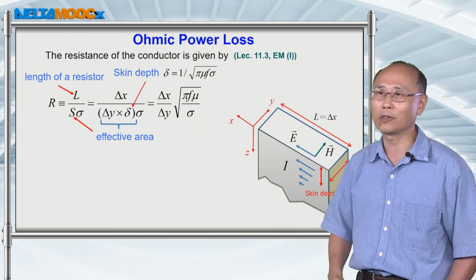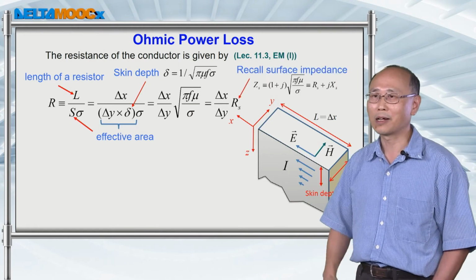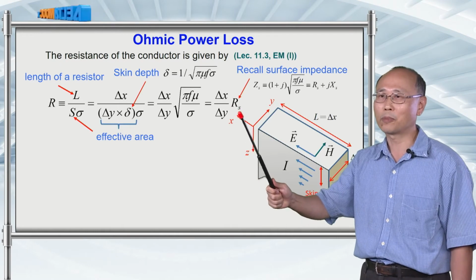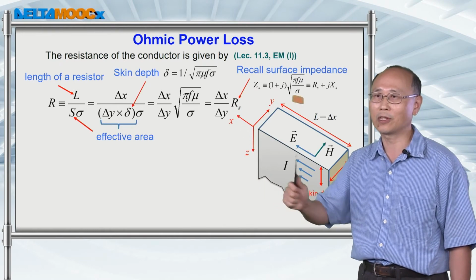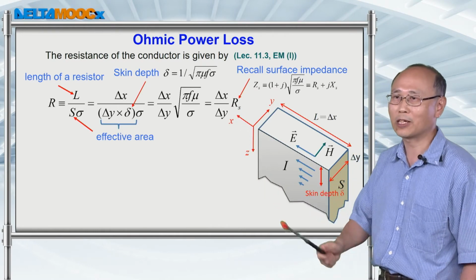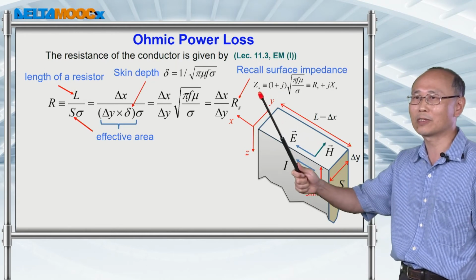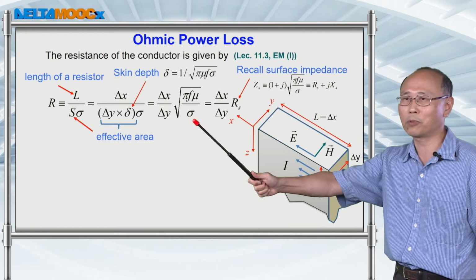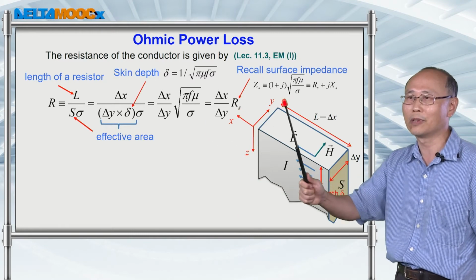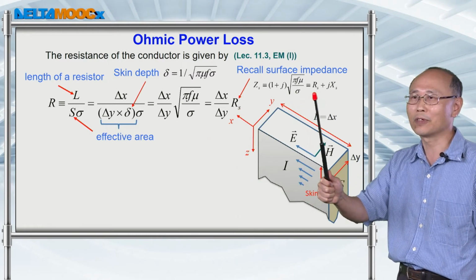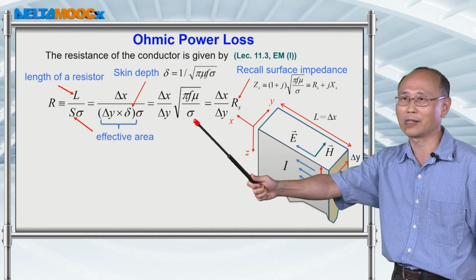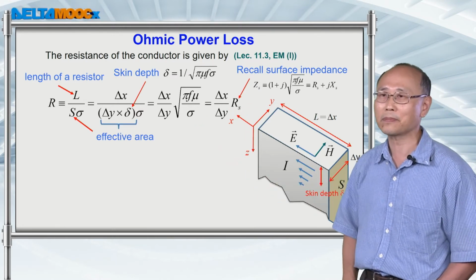And this is equal to delta X over delta Y, multiplying with the surface resistance. Because on the last page, we already have this surface impedance given by this, and it turns out that this real part is just equal to RS. So you just replace this quite complicated expression with RS.